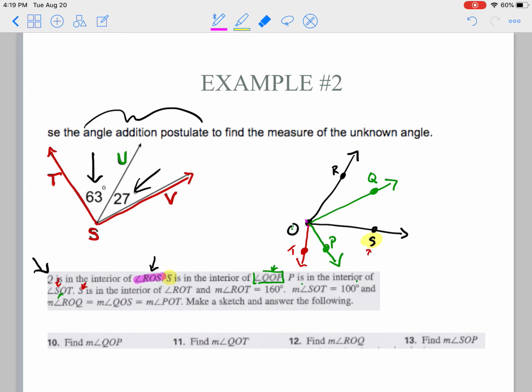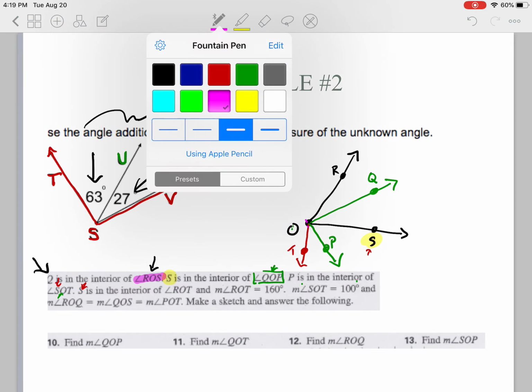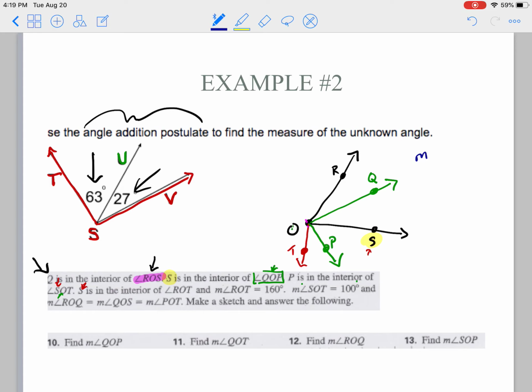So let's use the information. The measure of ROT, the largest angle, is equal to 160 degrees. So this largest angle is 160. The next, SOT, is 100.